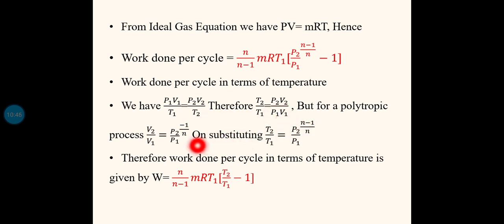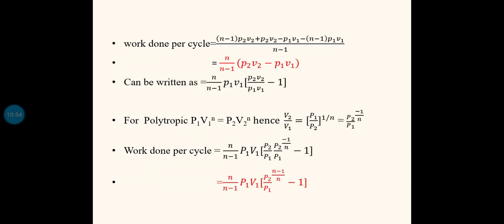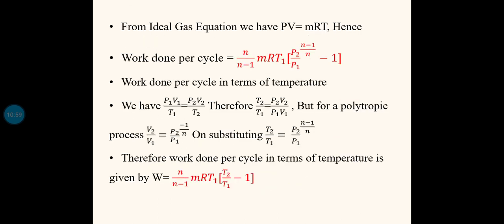But for a polytropic process, we have already seen that V2 by V1 is equal to P2 by P1 raised to minus 1 by N. Here we have proved it, so that can be used here.